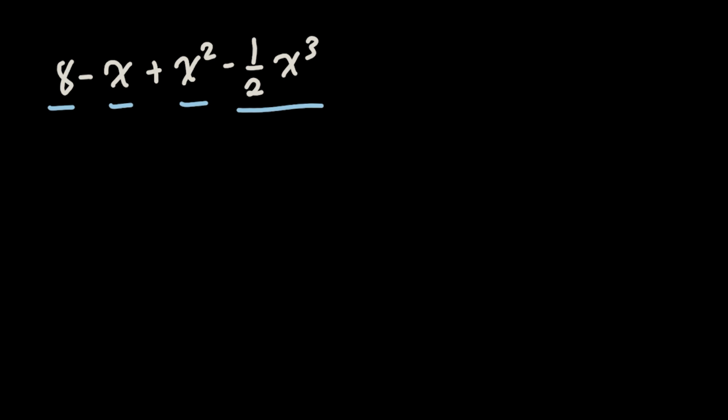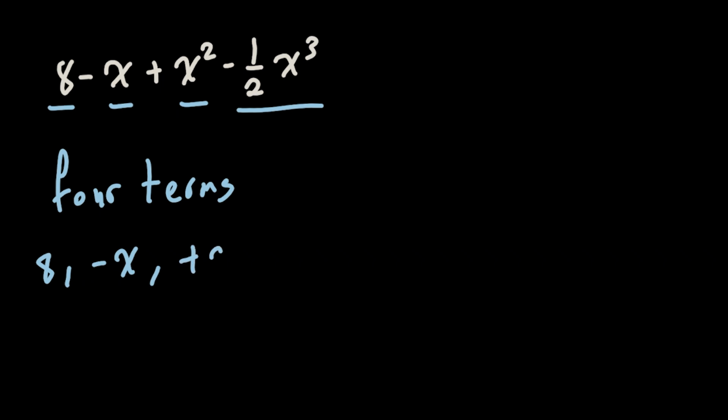So we are just calling it a 4 terms polynomial. Okay, so the terms are 8, minus x, plus x squared, and minus a half x to the power 3. So these are the terms of this 4 terms polynomial.